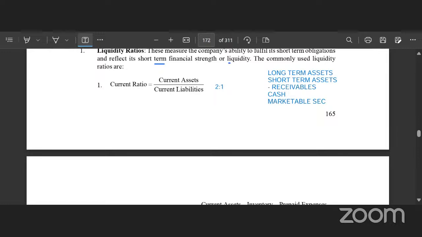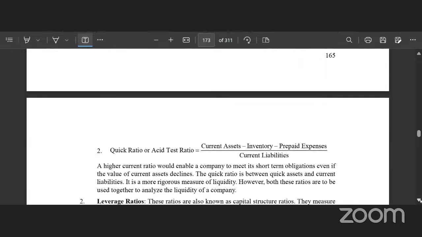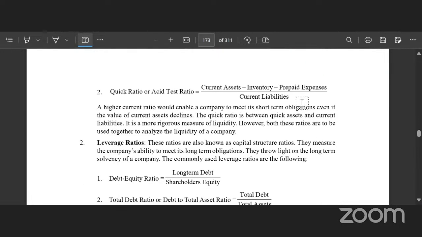Inventory consists of raw materials, work in progress, and finished goods. If your current ratio is higher because of inventory and finished goods, that is not a healthy condition for the company, because the company should not keep finished goods for a longer time, especially if it falls in the style segment, like maybe Reebok or Nike, or maybe shirts.